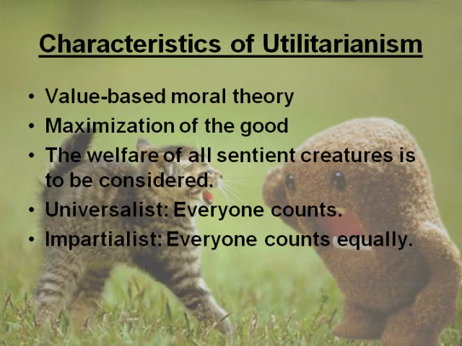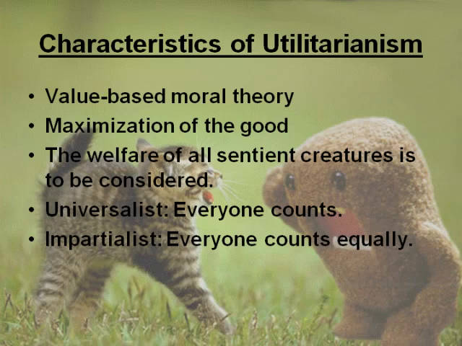Speaking of the good, utilitarianism is going to promote a maximization of that good. Now, maximization of a good is going to be an interesting concept that we're going to find fairly appealing, though perhaps some of the ways that utilitarianism gets there are not going to be so appealing.